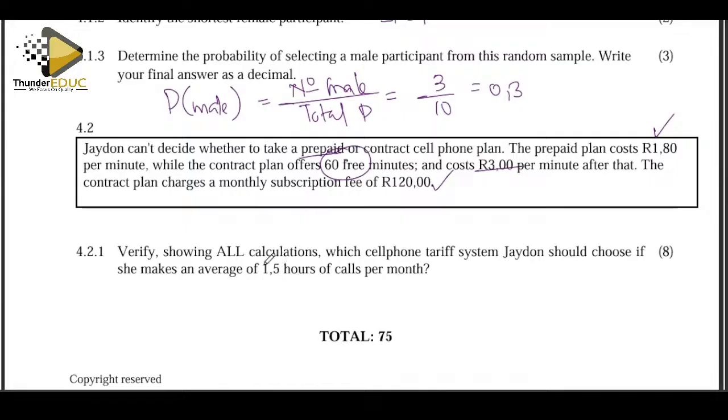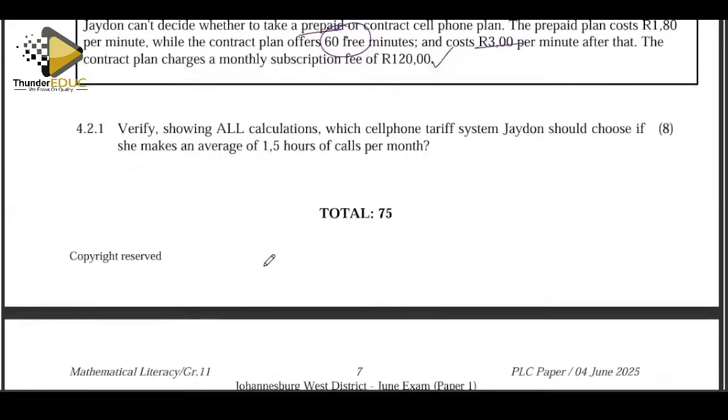They're asking, verify showing all calculations, which cell phone tariff system should Jaden choose if he makes an average of 1,5 hours of telephone calls per month?